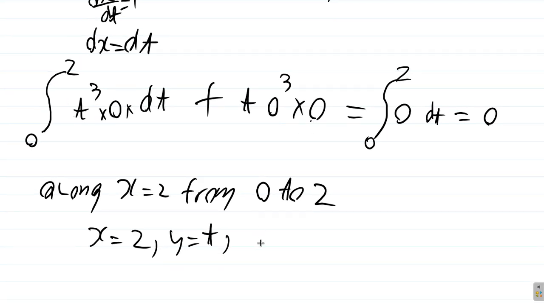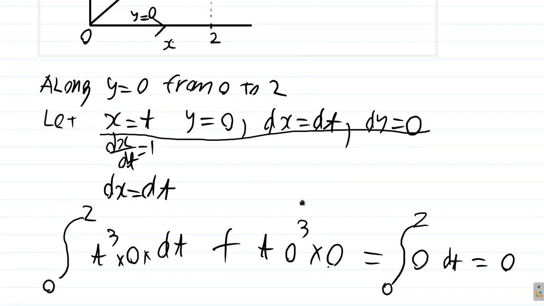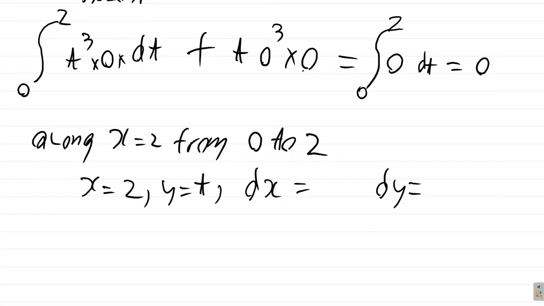Next thing we want to know is what is dx, and what is dy. Now what is dx? Notice that x is equal to 2. And as you move along this path, x doesn't change. So dx, meaning the change in x, the difference in x, is 0.